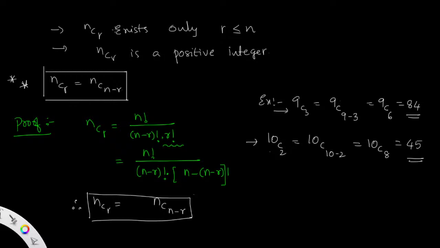So r must be equal to or lesser than n, and nCr is always a positive value, don't take negative values. It exists only for positive integers. And another formula is nCr equal to nC(n minus r).